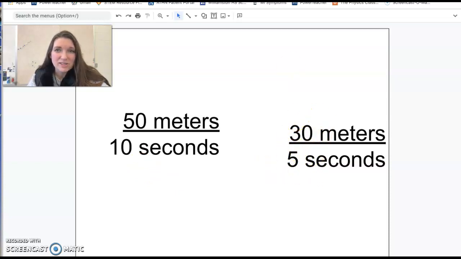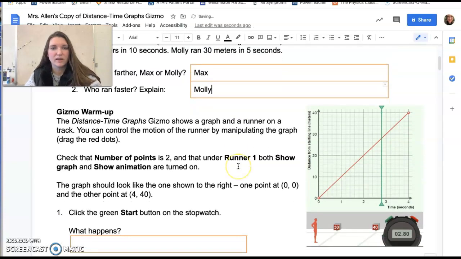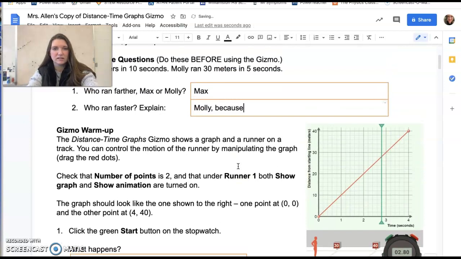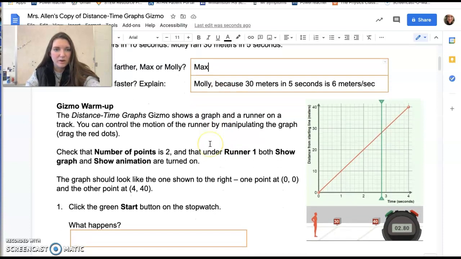So Molly is actually faster here, because 30 meters in 5 seconds is 6 meters per second versus Max's 5 meters per second.